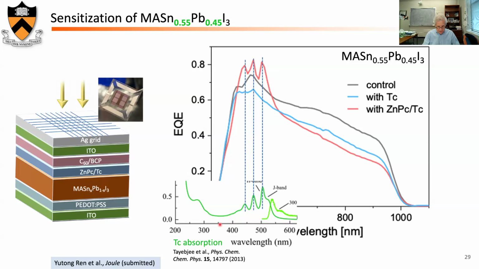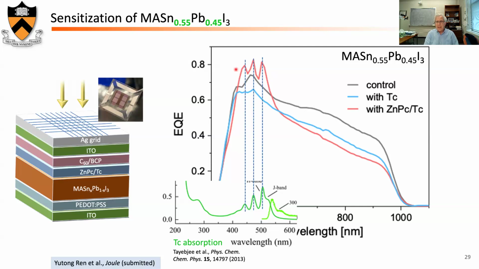Here is the tetrazine absorption spectrum taken from this paper. And as you can see, when I align the energy scale, these three peaks align very nicely with these three peaks that we get.